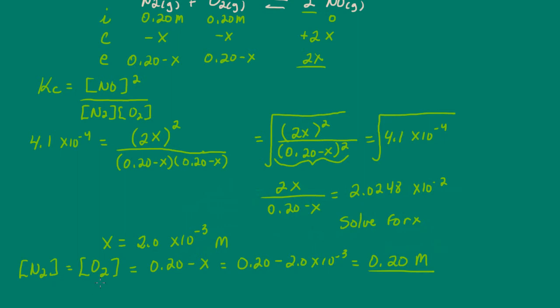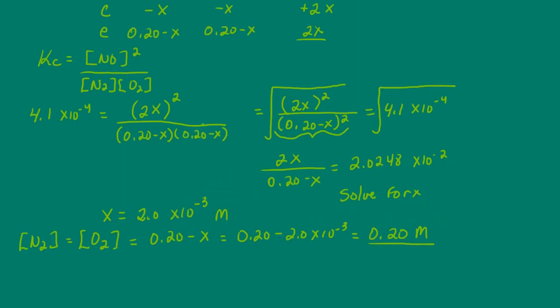And then the concentration of nitrogen monoxide at equilibrium is equal to 2x, which is 2 times 2.0 times 10 to the negative 3 molar.